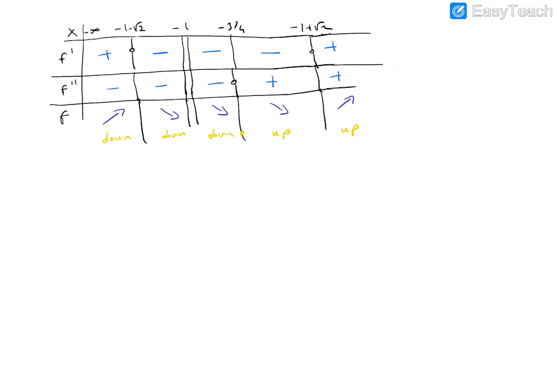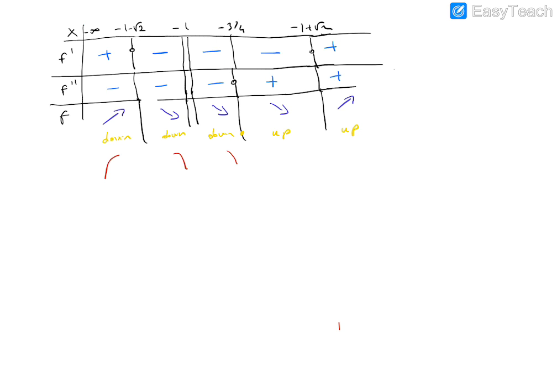So what are the shapes? The concave down shape is this one. In this part it is increasing, here it is decreasing. So this increasing part is like this one. So our graph will be like that. Concave down but decreasing. So this is the increasing part, this is the decreasing part. So our graph will be like this one. So concave down again, increasing, so our graph is like this.